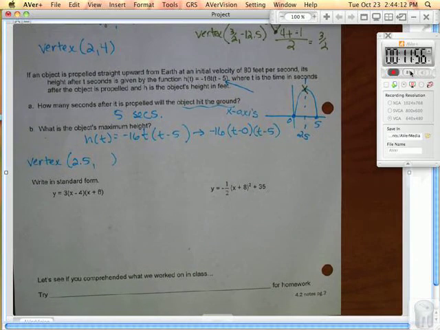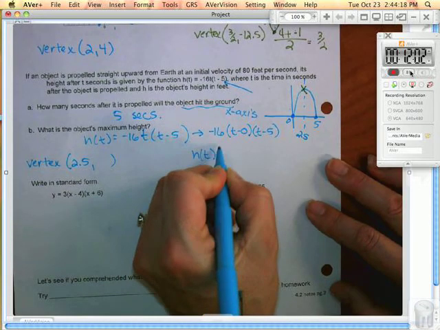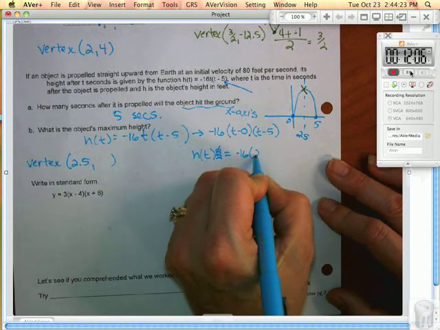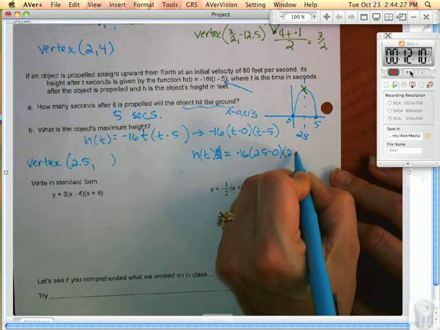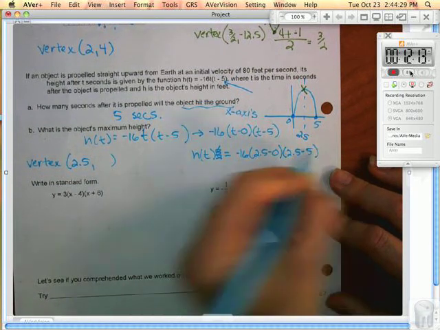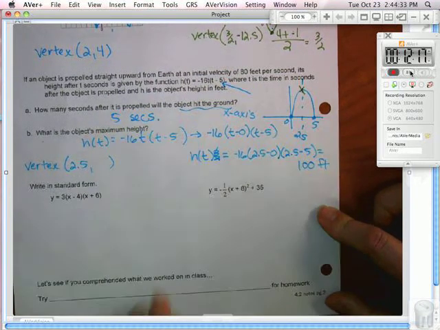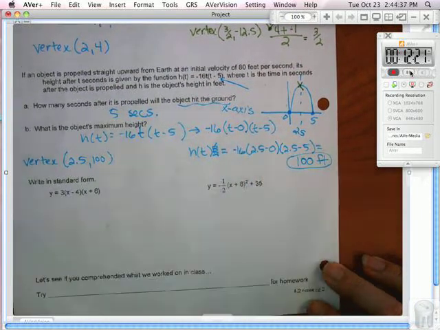Just plug it in. h of t is equal to negative 16 times 2.5 minus 0 times 2.5 minus 5, and I'm going to get 100 feet. So that is my maximum. 100 feet in 2.5 seconds.